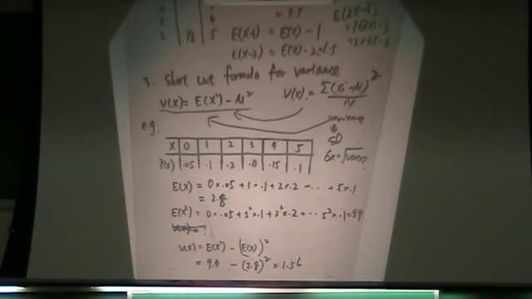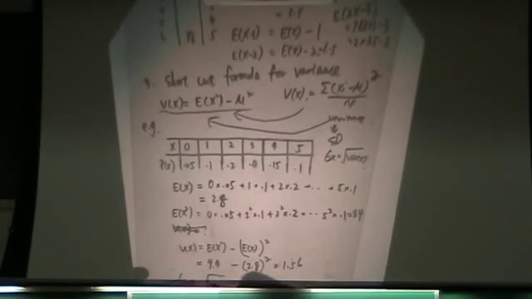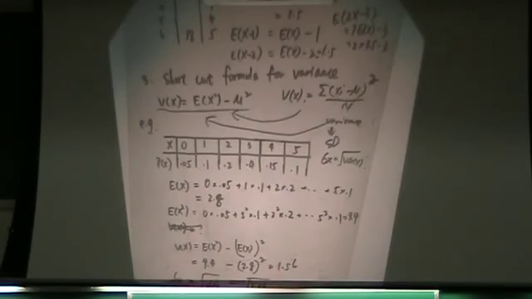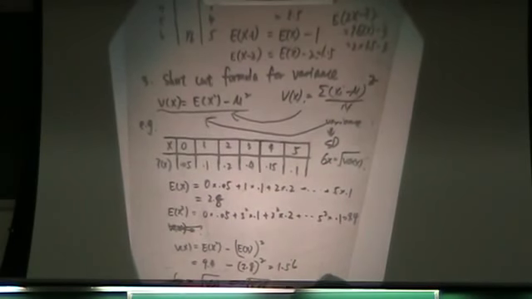Okay, maybe, I forgot. So for sigma X, you just take the square root of the variance, square root of 1.56, and the final answer is just 1.249. You could just write the answer down and then check. Oh, there's the solution in the lecture notes. This is the shortcut for the variance.